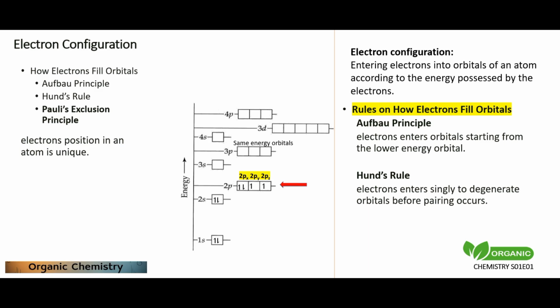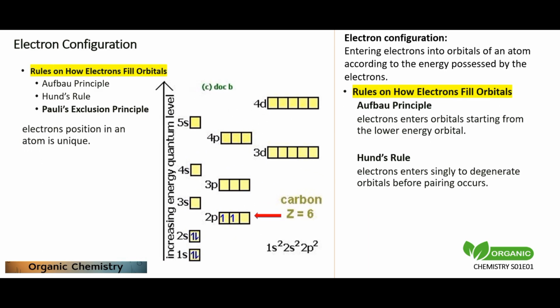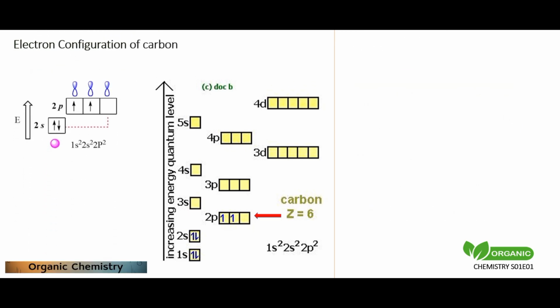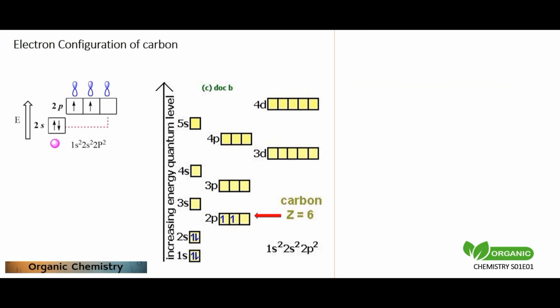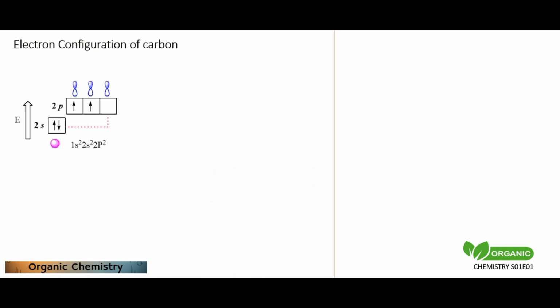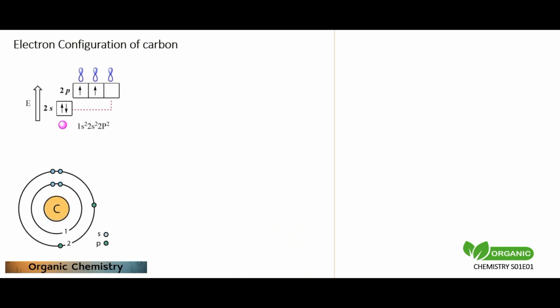Using the SPDF notation, the electron configuration of carbon is 1s2, 2s2, 2p2. Bringing in the KLMN electron configuration, we have 2, 4. This electron configuration shows that the atom of carbon has 4 valence electrons and 4 bonding electrons.